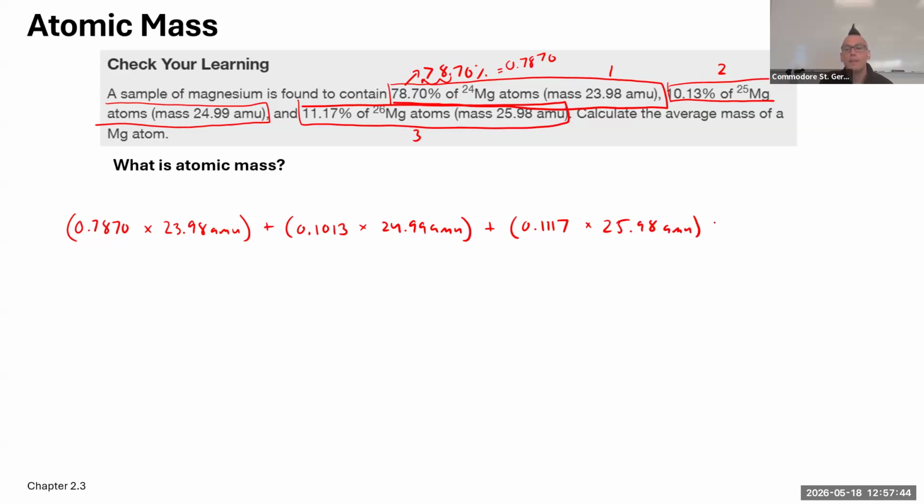All right, that's going to equal the atomic mass. So we'll say magnesium atomic mass. All right, let's go back to order of operations.